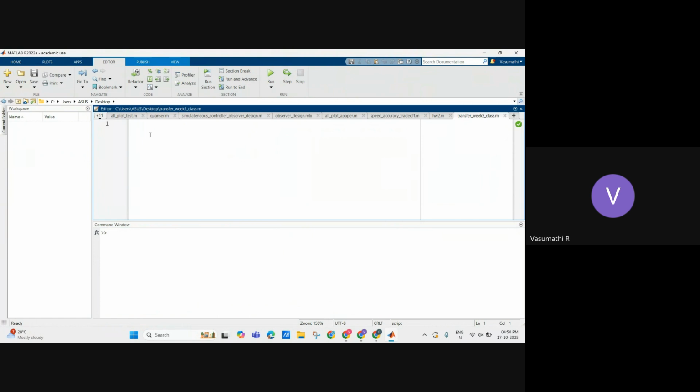So if we want to write a transfer function like tf1 equal to, let's take (s plus 1) by (s plus 2). Simple. We'll start off with a simple transfer function. Here you write numerator equal to, whatever numerator you have, you write the coefficients as they are.